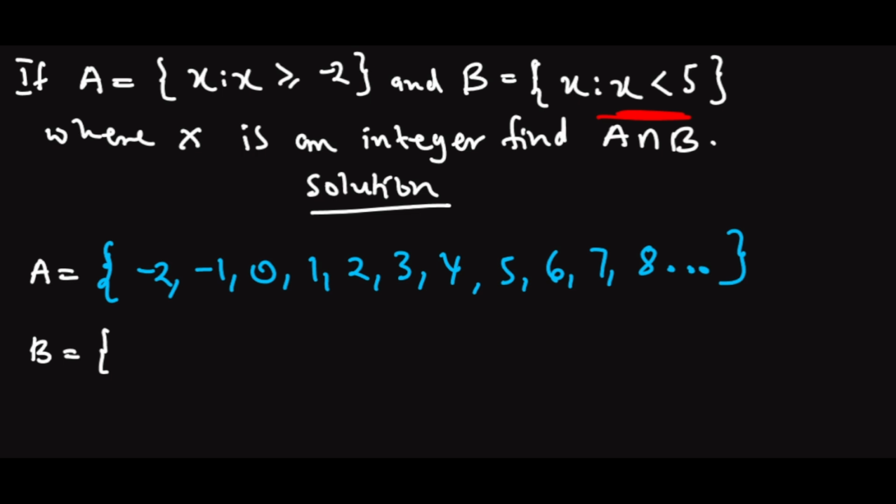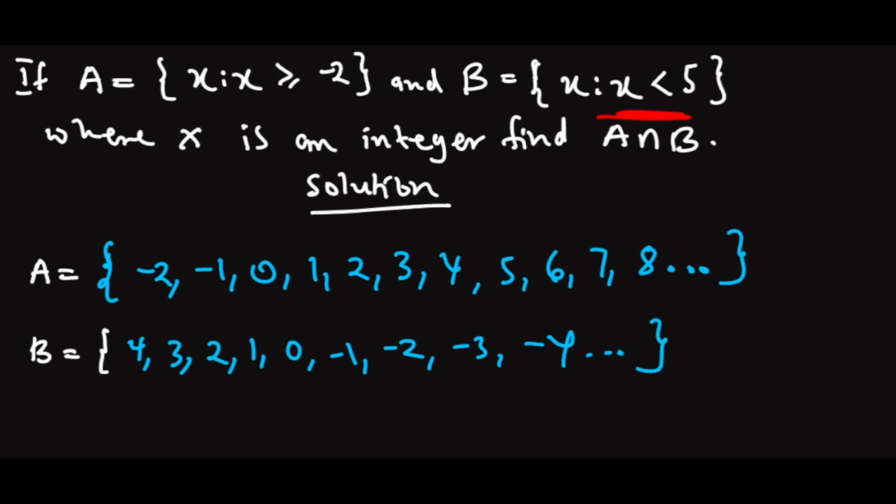Therefore all the integers less than 5 include 4, 3, 2, 1, 0, -1, -2, -3, -4, and so on and so forth.